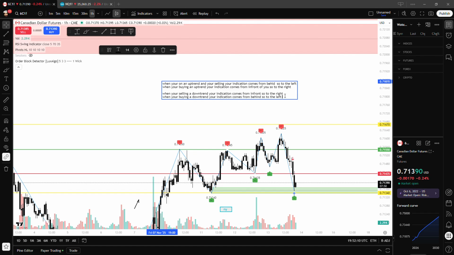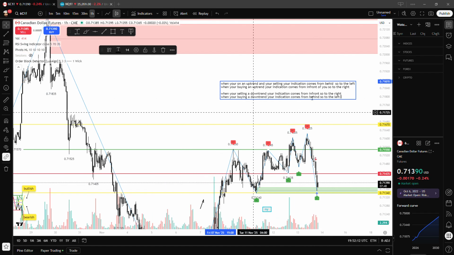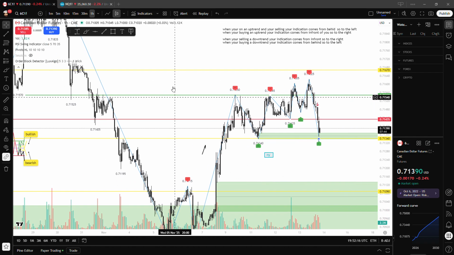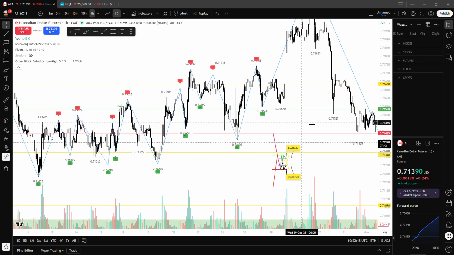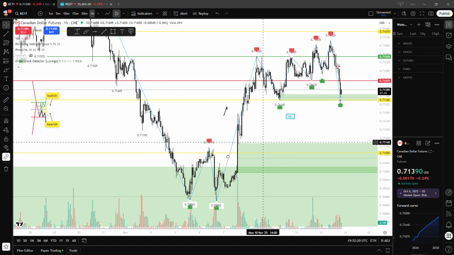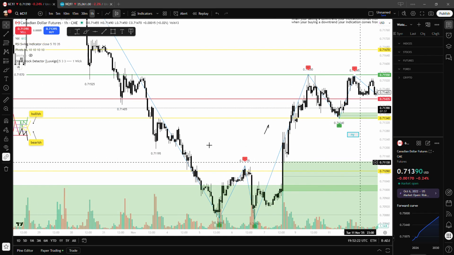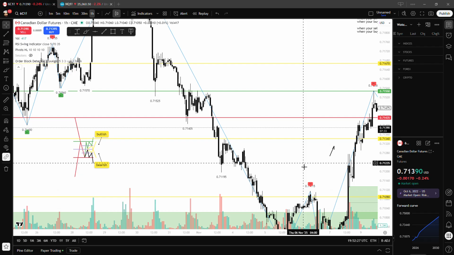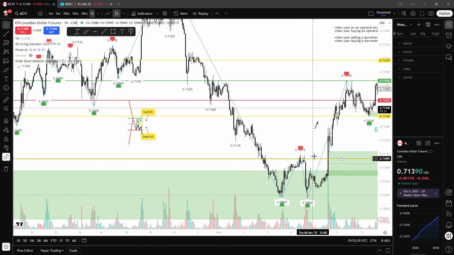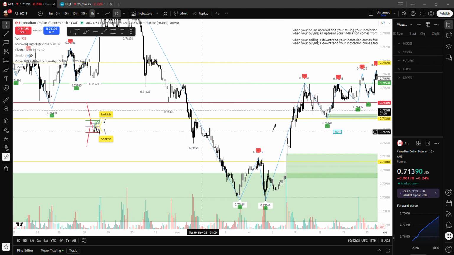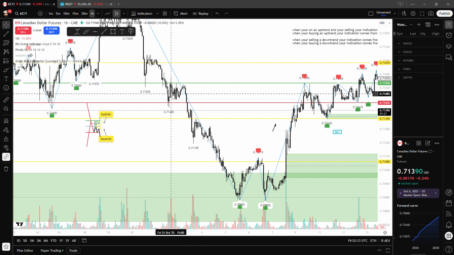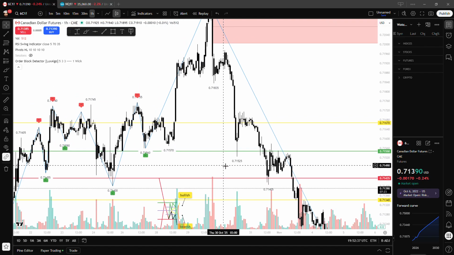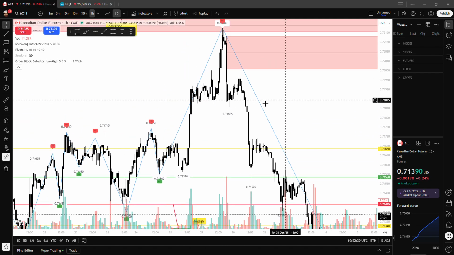Alright, so we're just gonna go based off of that, and we're gonna just follow structure. Okay, so honestly this right here is perfect. Downtrend. So imagine price just broke this, right?